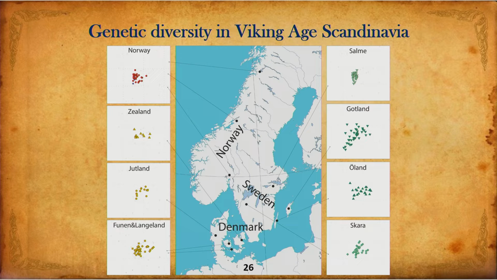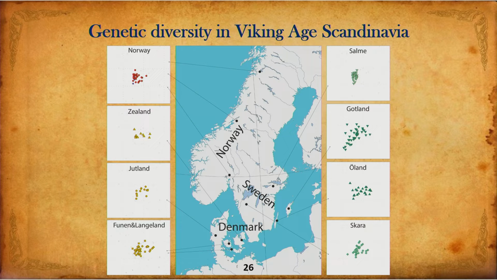And probably even more interesting was Norway. So here I just, with the arrows, show different parts of Norway, but this is actually all 15 sites from Norway, and these are about 30 individuals. So this covers the whole of Norway. And what's interesting is the genetic diversity in all of Norway is actually less than in one site from Åland or Skara or Gotland for that matter.